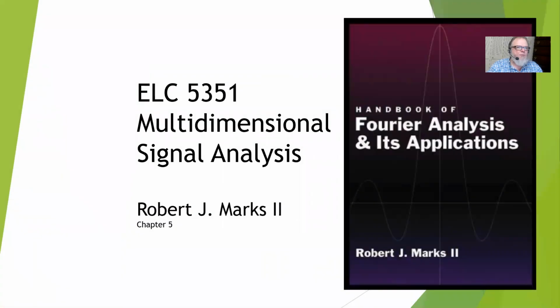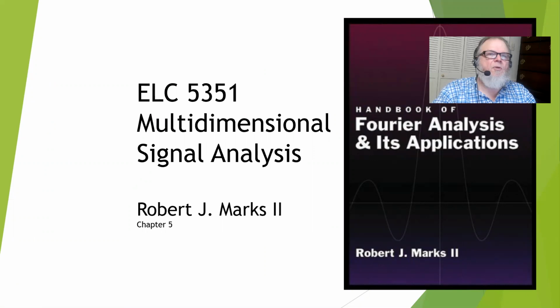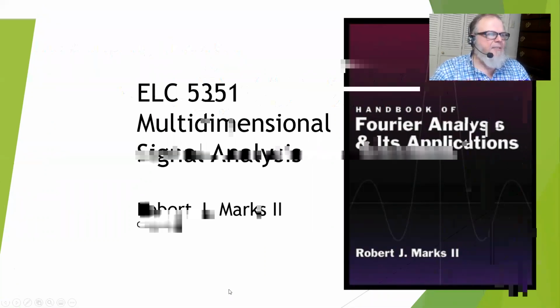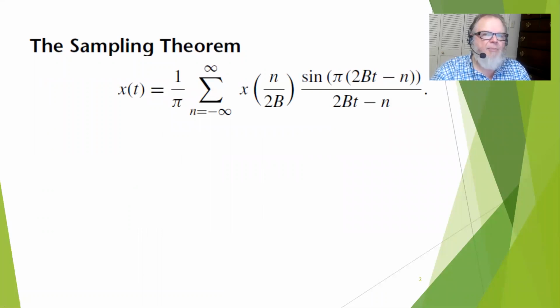So let me go full screen here. Since I'm doing this solo, I can make myself bigger. How about that? Okay, so this is chapter 5 of my book, Handbook of Fourier Analysis and its Applications. Here is the sampling theorem, and I think everybody has seen the sampling theorem as an undergraduate.